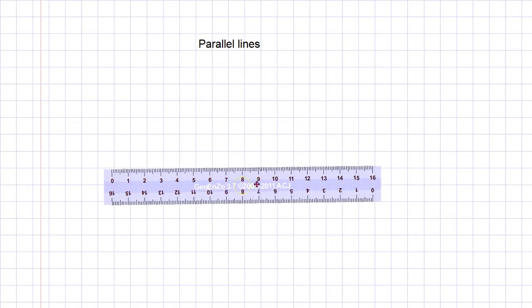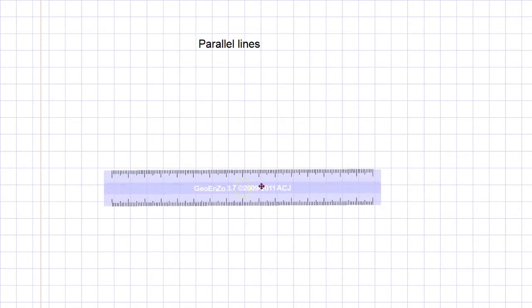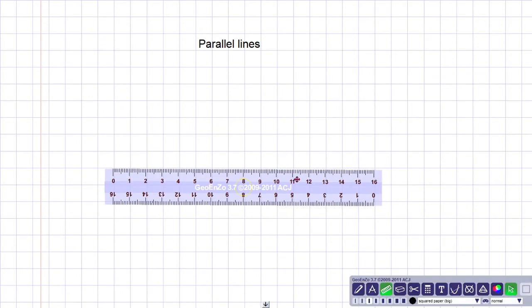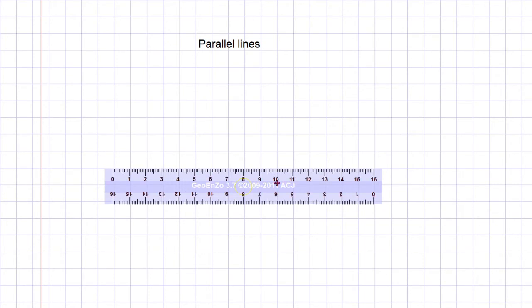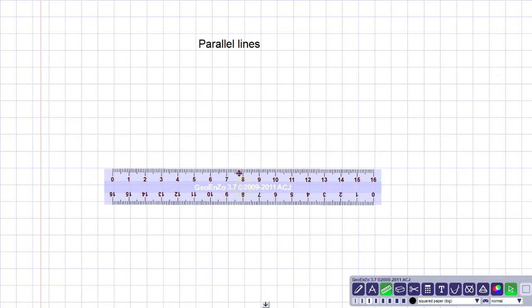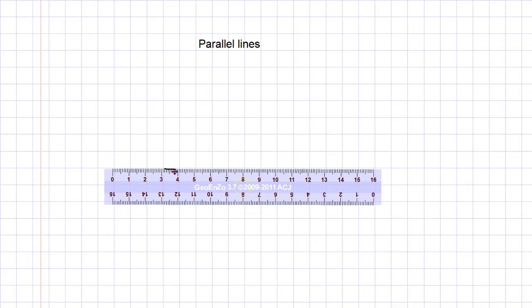If you know how to draw a 90-degree angle, then after constructing the 90-degree angle, you can construct the parallel lines using a compass also. Now let's construct parallel lines using a set square.